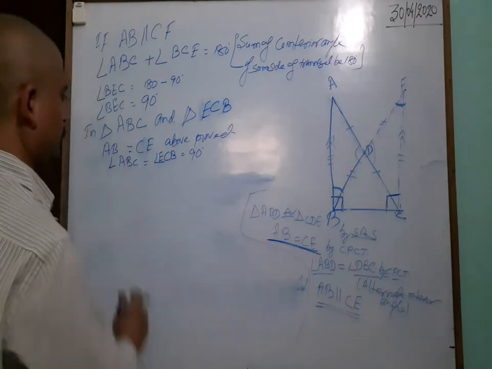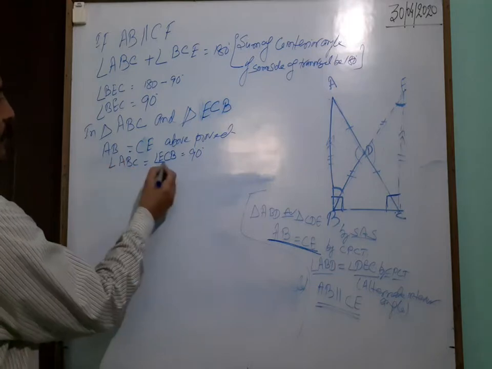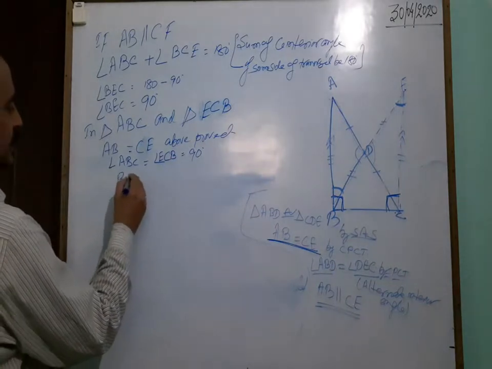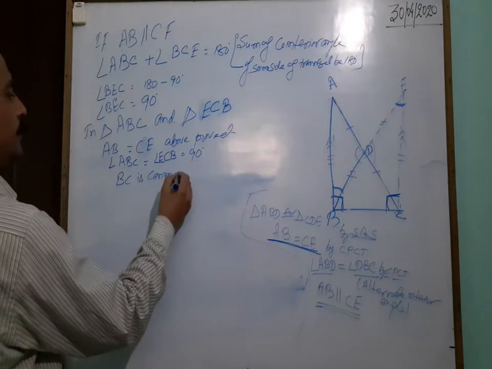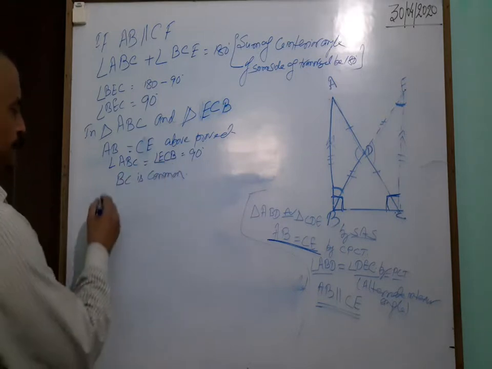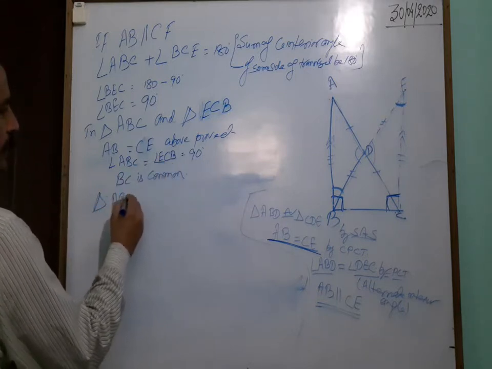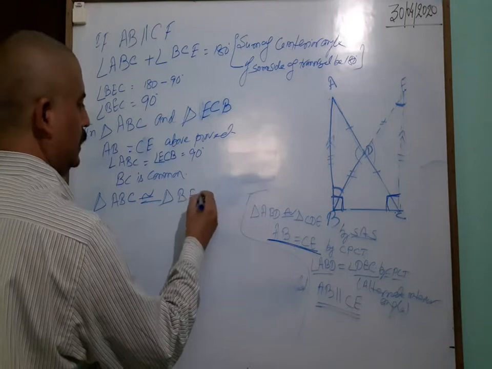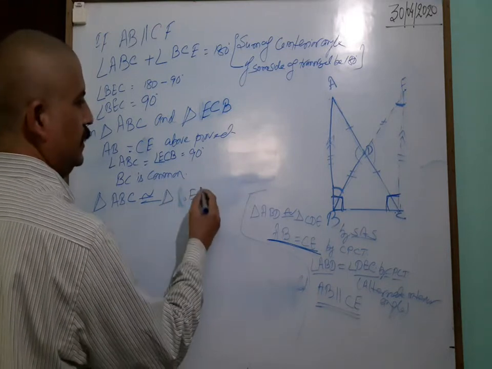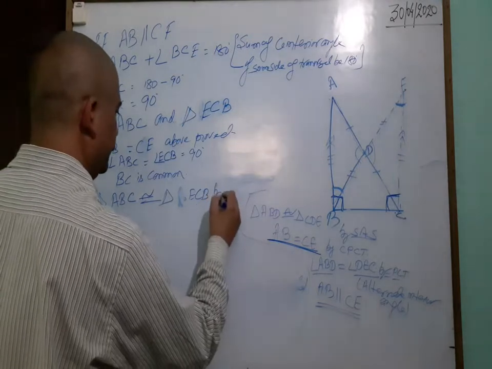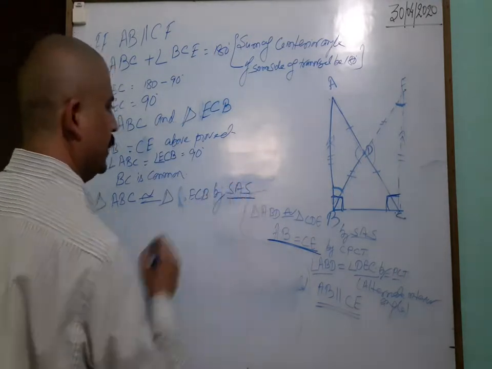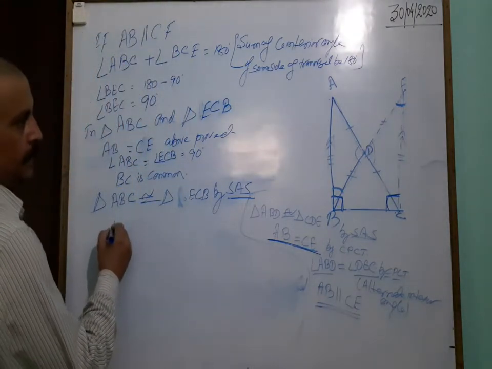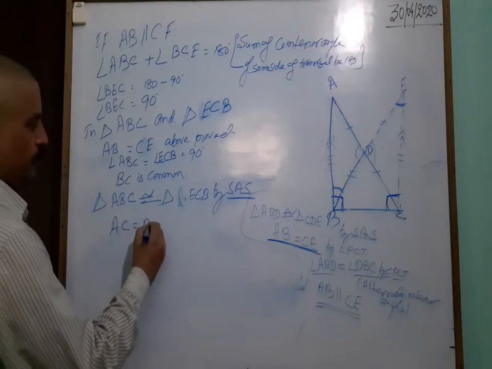ABC is equal to ECB, and BC is common. So triangle ABC is congruent to triangle ECB by SAS property. Then we say that AC equals BE by CPCT.